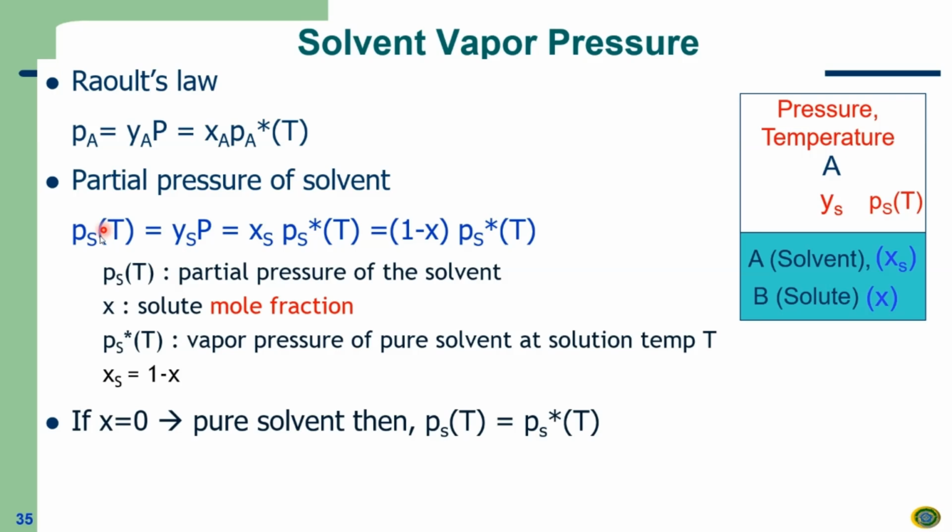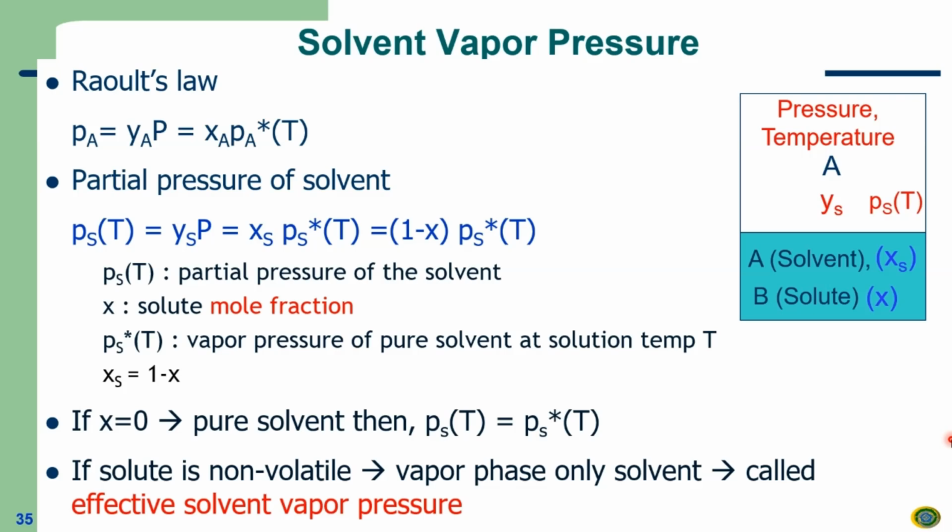That means this one will be equal to this one, because this is 0, right? So PS as a function of T will become PS star as a function of T. So what is PS star as a function of T? The saturated vapor pressure as a pure component, right? So this is the one that applies.